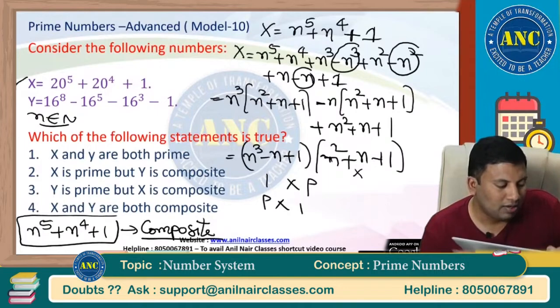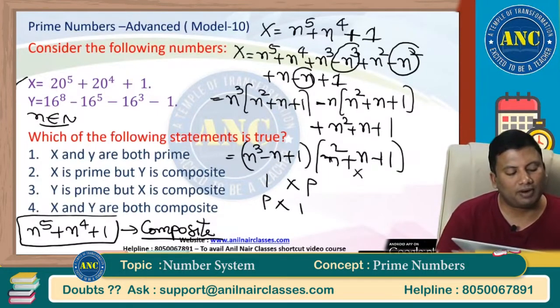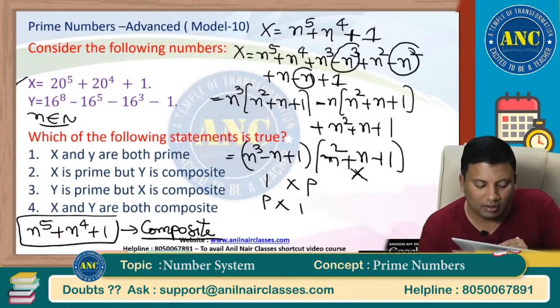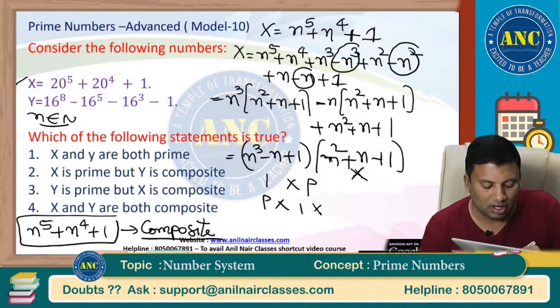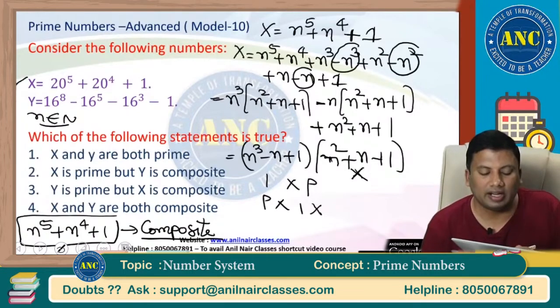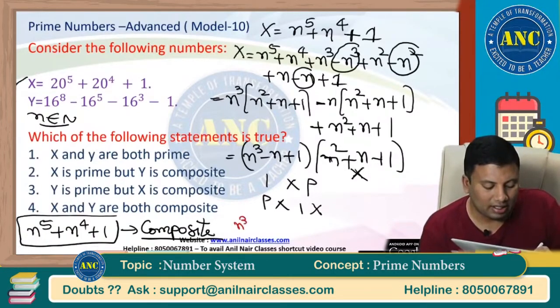Neither factor can take 1, because 1 plus positive cannot give 1. Or if I take the first one, n cube minus n plus 1 equivalent to 1, n into (n square minus 1) equivalent to 0.